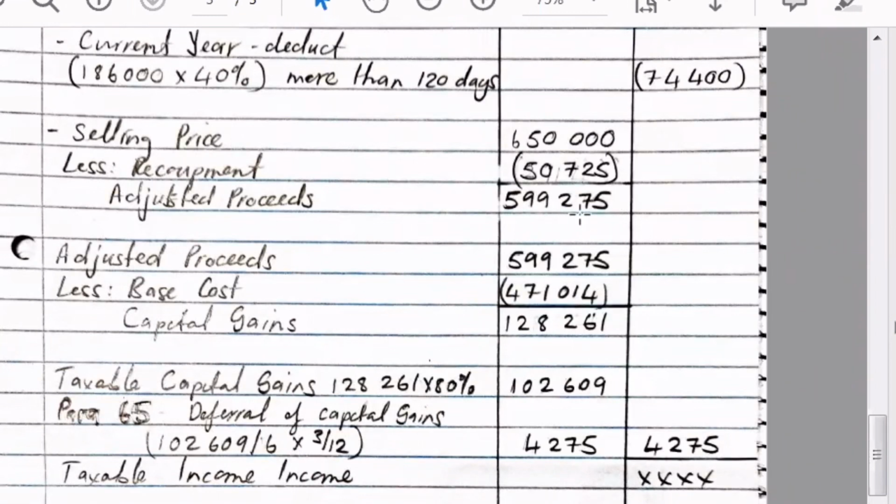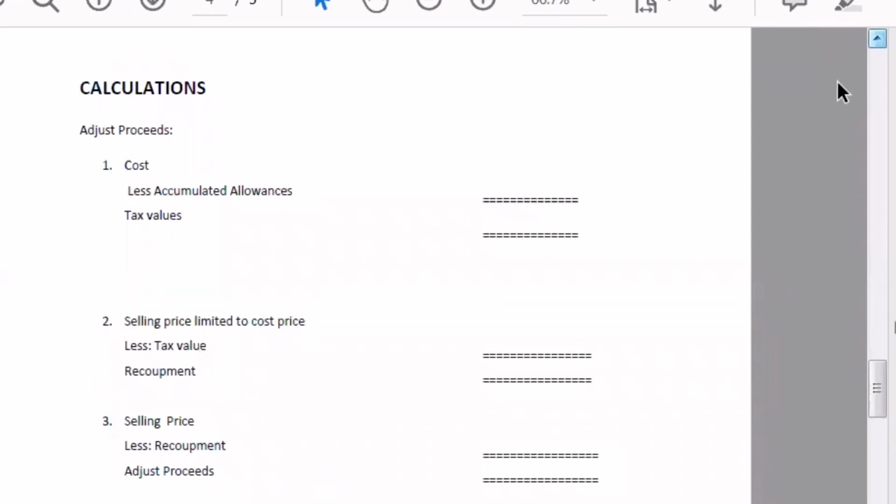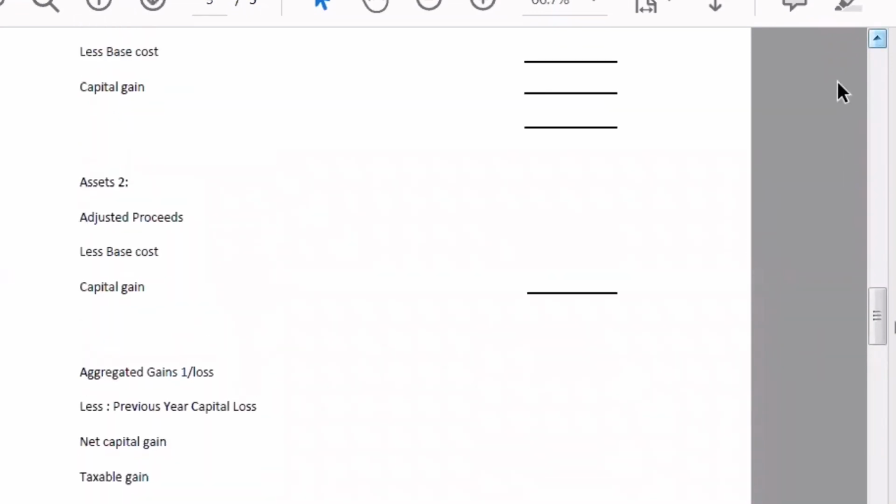So you wait until the end of the question, until you're done with all the adjustments given by the lecturer. Then you come and do your capital gains calculation. Then when you're done with that, you take your adjusted proceeds and then you come and calculate your gain.